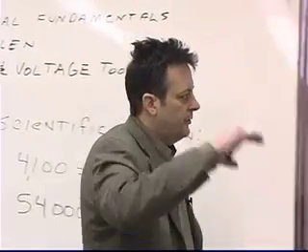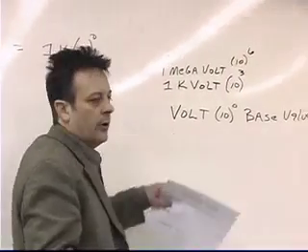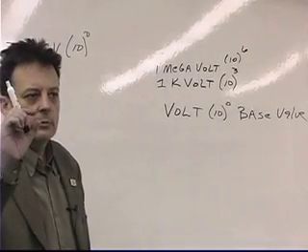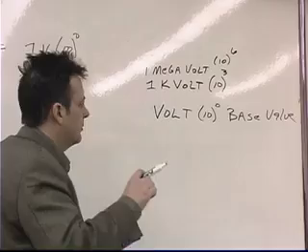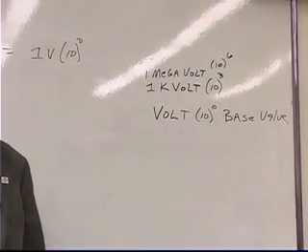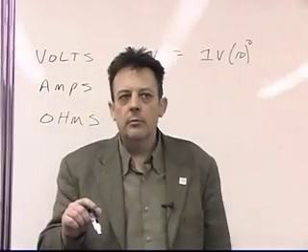So let's get smaller. Let's say that we had something that was 1/1000th of a volt. Very small voltage. Does anybody know what the metric prefix would be on 1/1000th of a volt? Milli.